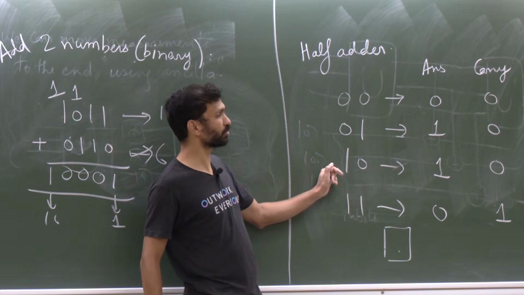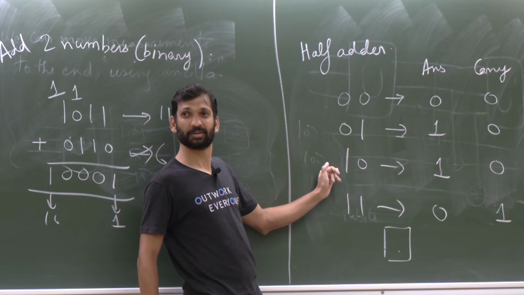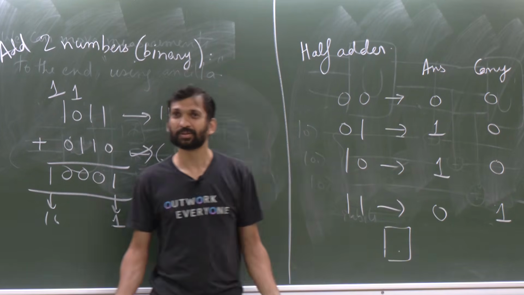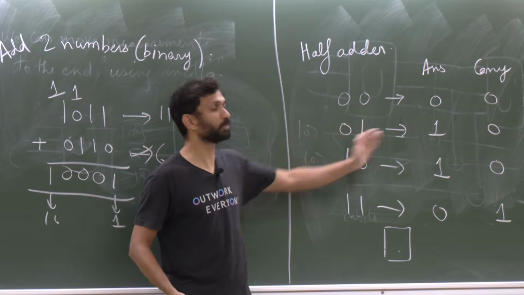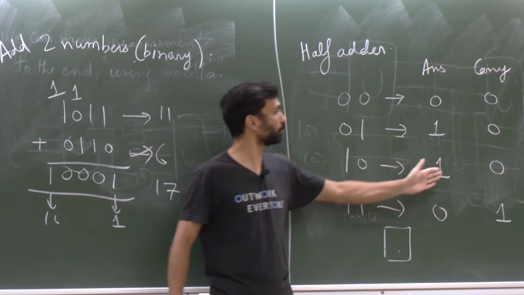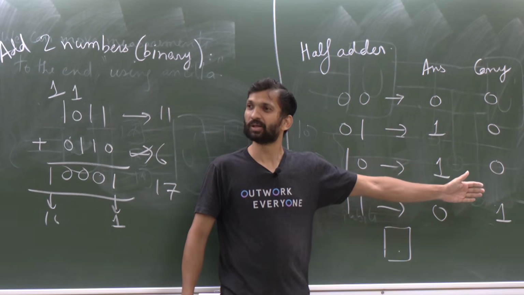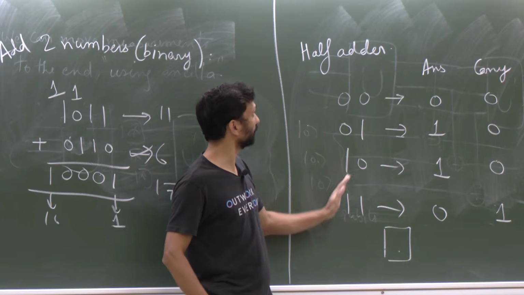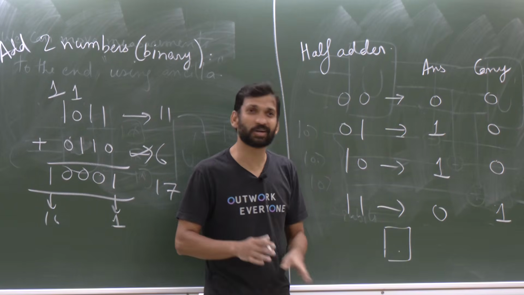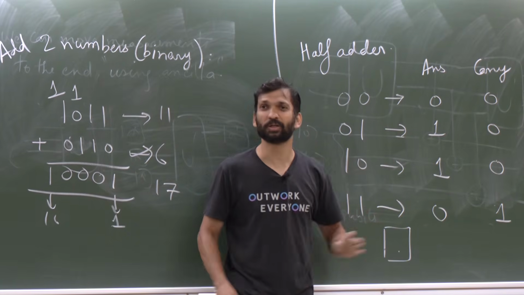What is the inner product between these two? 1. What is the inner product between these two? It is not taking an orthonormal basis to an orthonormal basis. It is not reversible. If I tell you that my output is 1, 0, there is no way you can tell me what was my input. So there is no quantum circuit in the world which can just take 2 qubits and go from here to here.